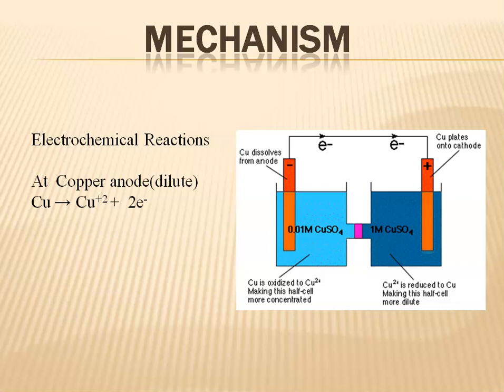At the copper electrode which is dipped in the dilute electrolyte, the electrode material ionizes, giving you copper ions and electrons. These electrons, through the external circuit, reach the cathode, which is also made up of copper, in the concentrated electrolyte, and the copper ions there take up the electrons, giving copper.